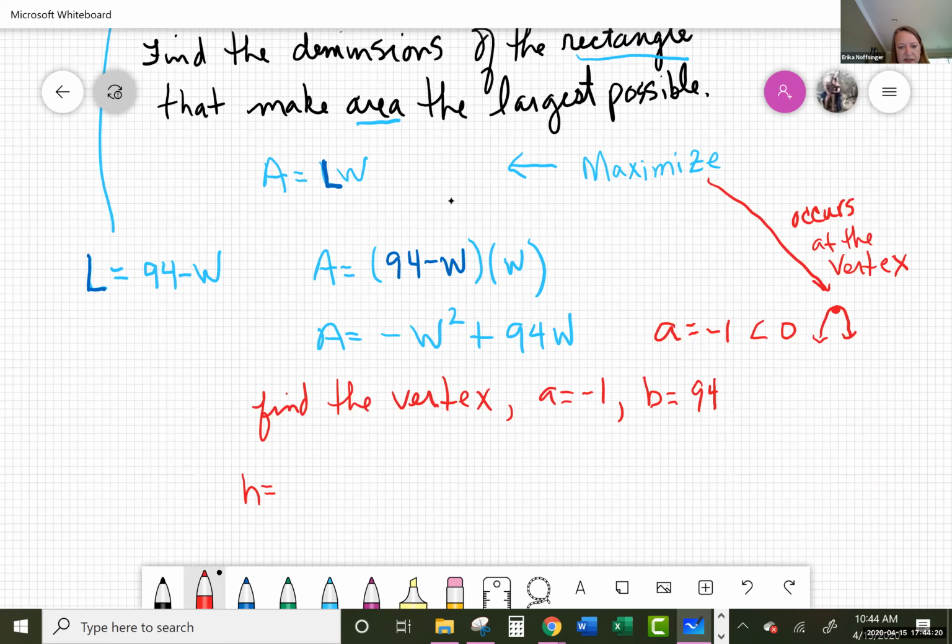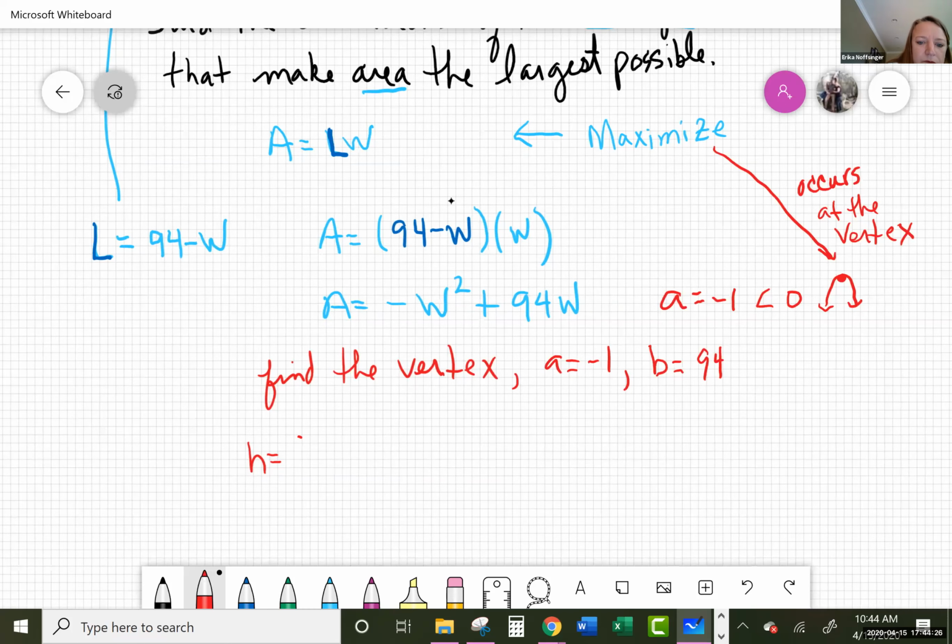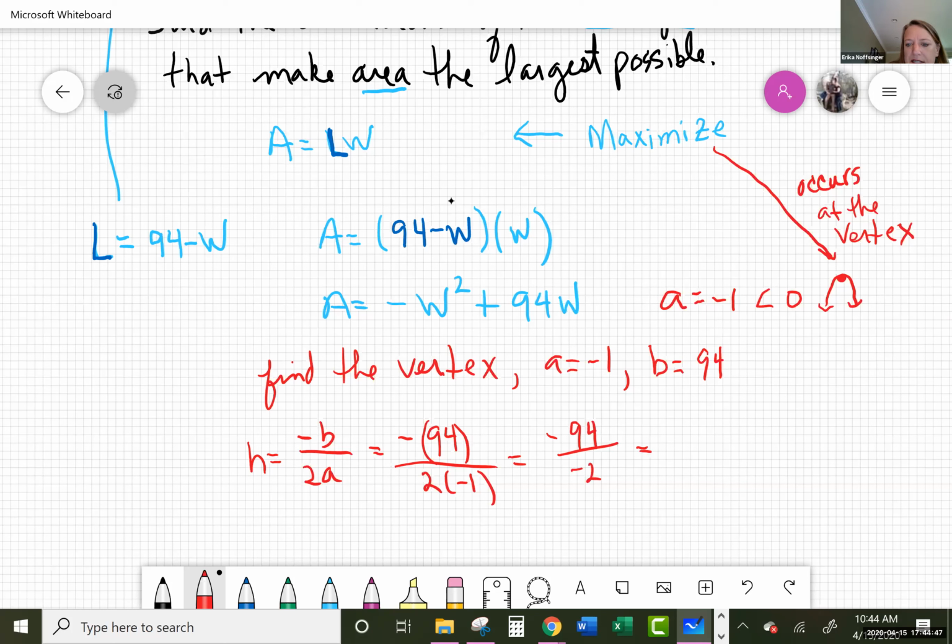So the X value, which we call H, of the vertex is -B over 2A. If we plug those values in, I get negative times B, which is 94, all over 2 times A, which is -1. So this would give me -94 all over -2, which is positive 47.